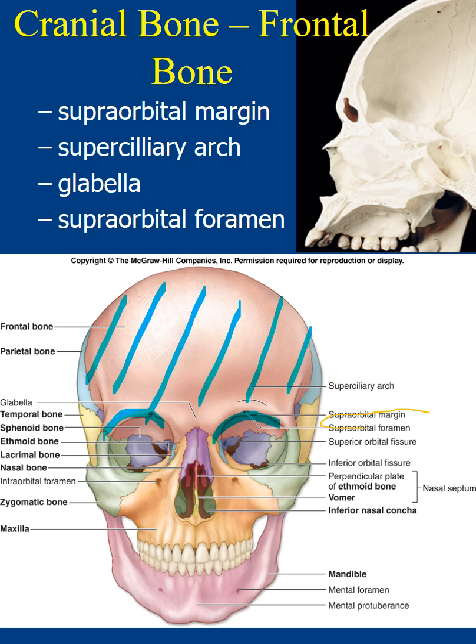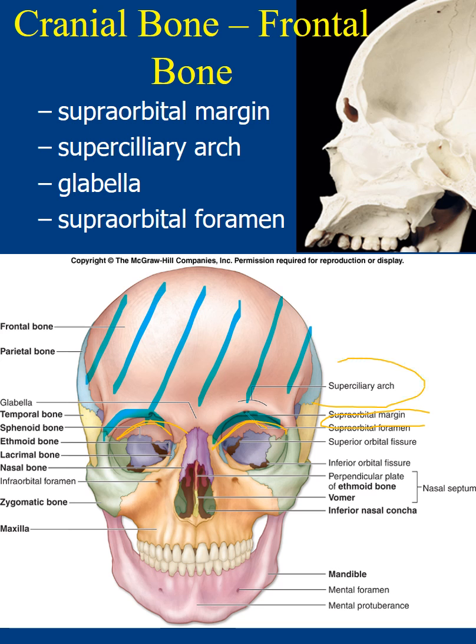Here it is, the supraorbital margin. I've highlighted both sides, and this is the superior ridge of the orbit, or for the eyes. In terms of the bone itself, this is going to be the most inferior portion of the frontal bone.